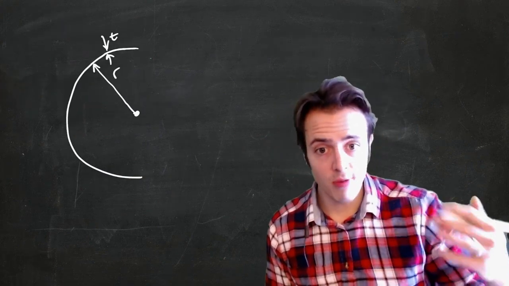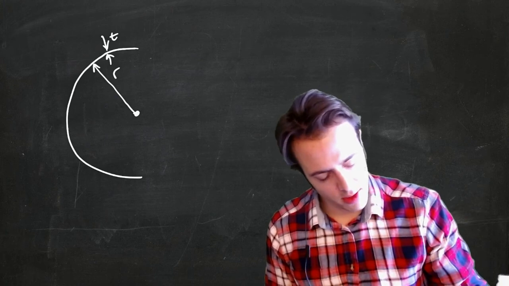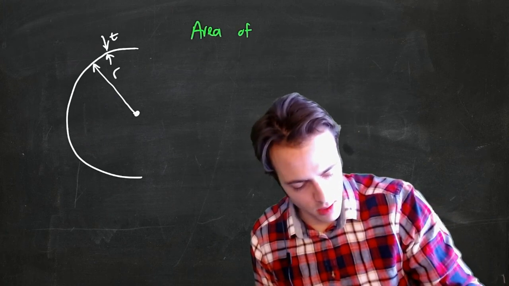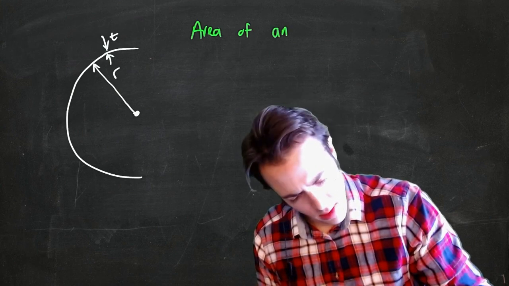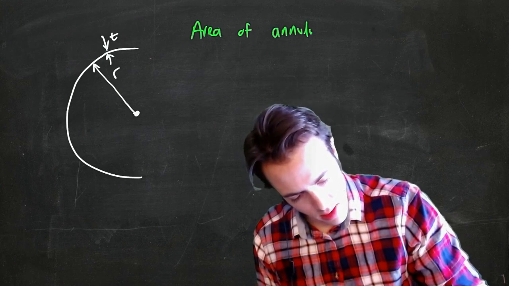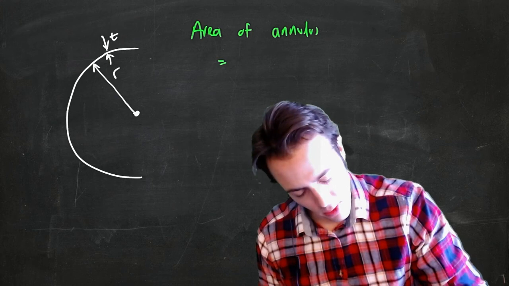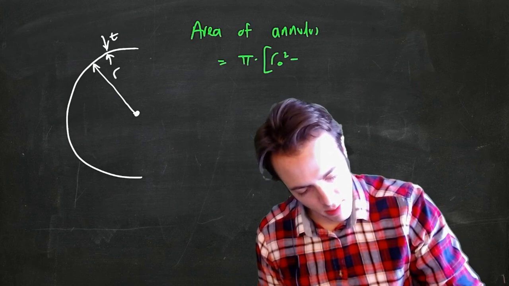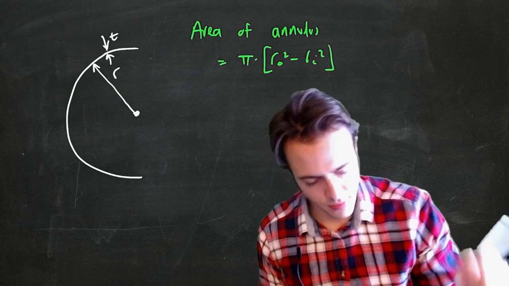The area of an annulus is equal to pi multiplied by r outer squared minus r inner squared.